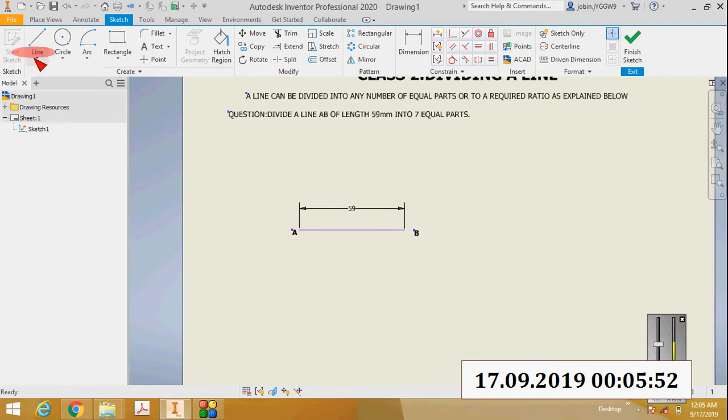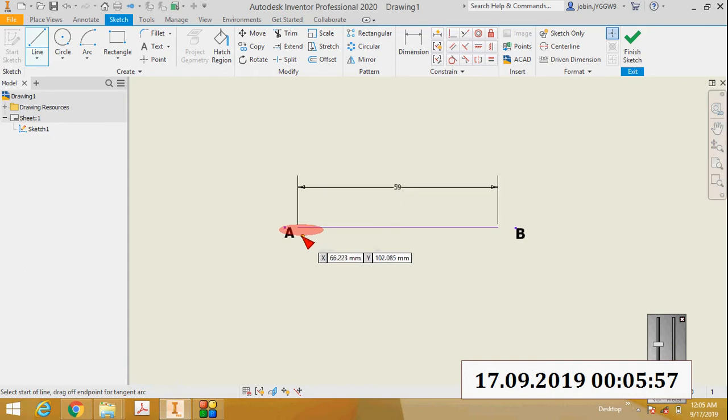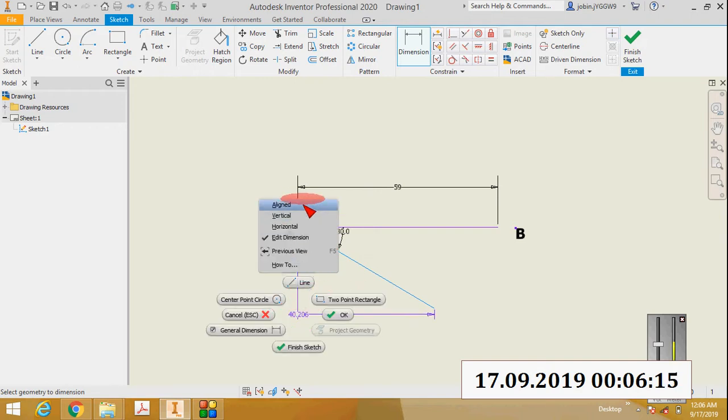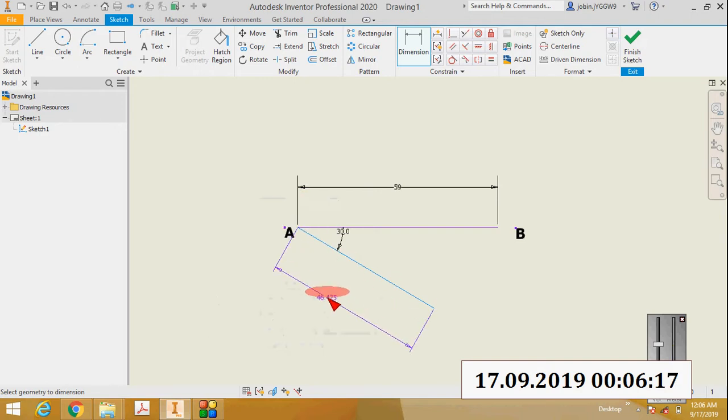So what I do is I will draw a line from A such that this inclination, you can take this inclination as, say, 30 degrees, and the length of this line, say, you can take this length as 70 millimeter.